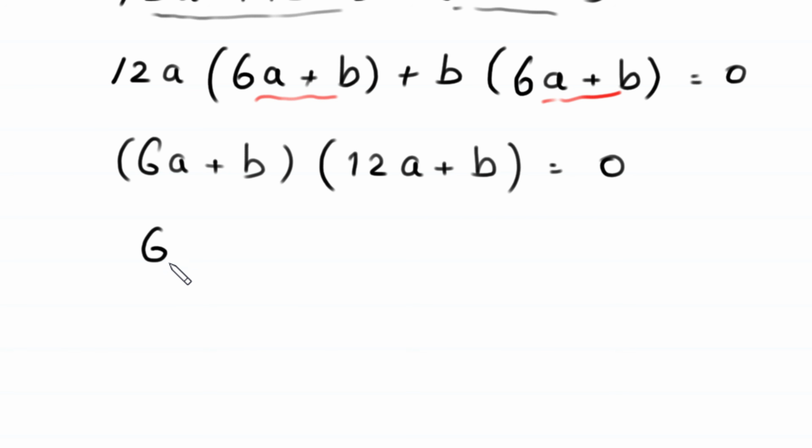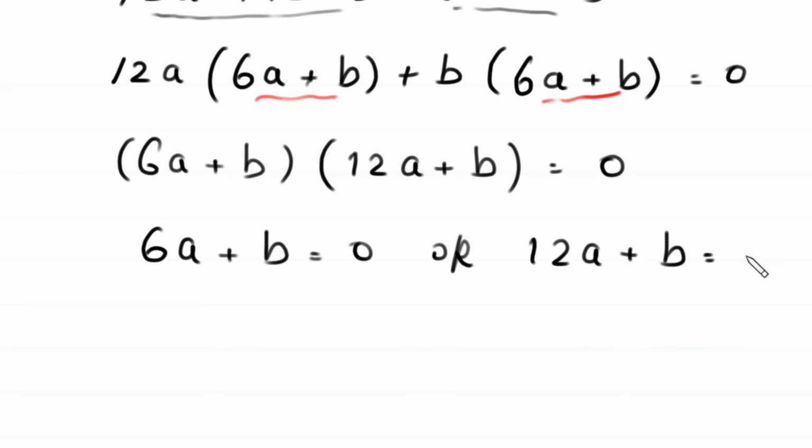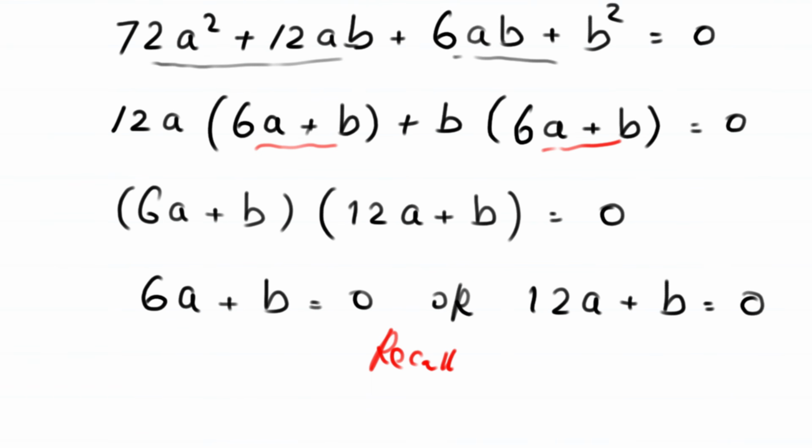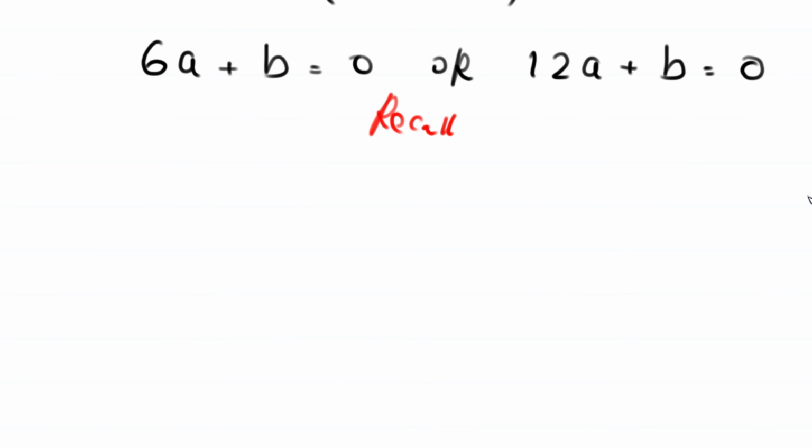Either this expression 6 times a plus b equal to 0, or this second factor 12 times a plus b equal to 0. Now recall that we have supposed that a is equal to x squared and b is equal to x minus 1.